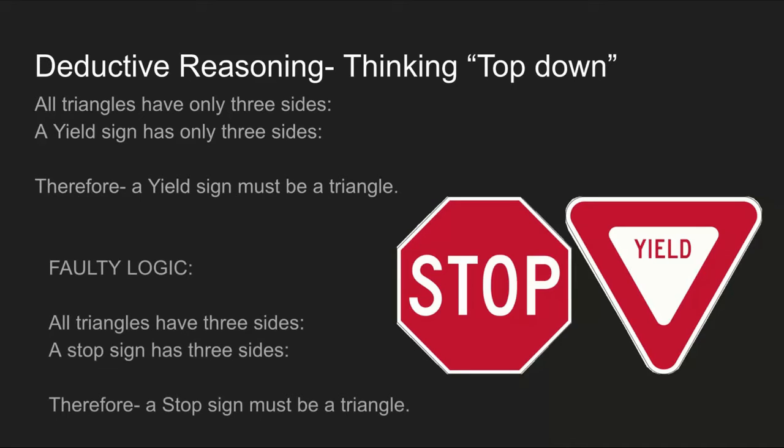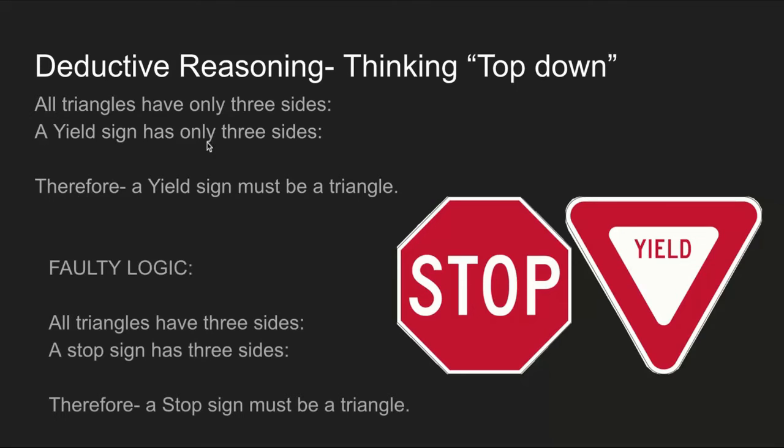Okay, so what's the problem here? Obviously, a stop sign isn't a triangle, but on the surface of it, all of these things look true. All triangles have three sides. That is true. A stop sign has three sides. That is also true. Therefore, a stop sign must be a triangle. Well, there must be a problem here, right?